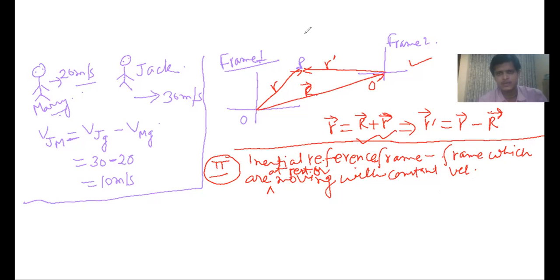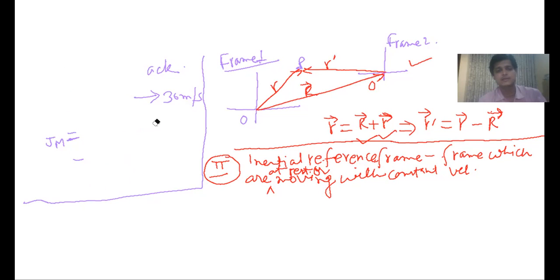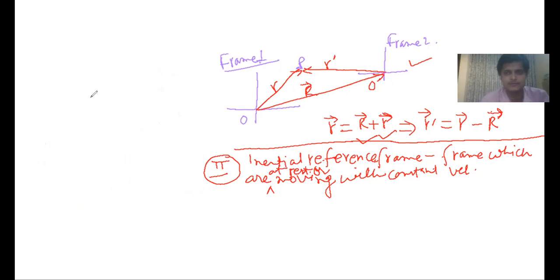Okay. Now suppose I have this frame only, and my second frame is moving with a certain speed with respect to the first frame.